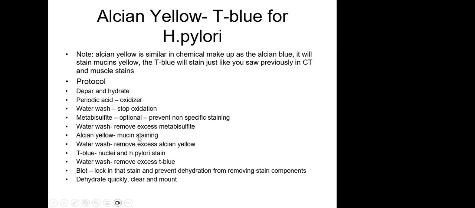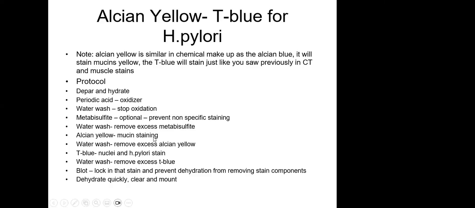So by staining those mucins yellow, we can sort of see through that yellow mucin to actually see the H. pylori that are going to pick up the T blue stain. And so you're going to see these little swimming bugs inside of these mucinous deposits.